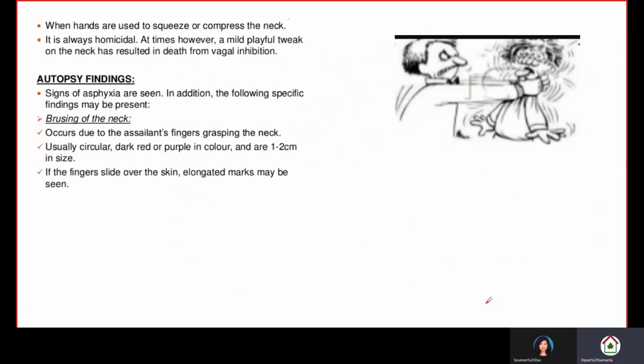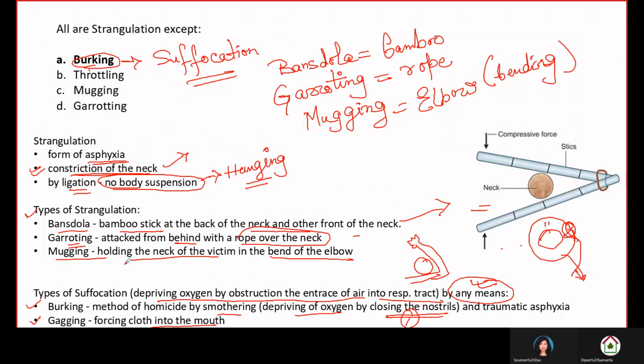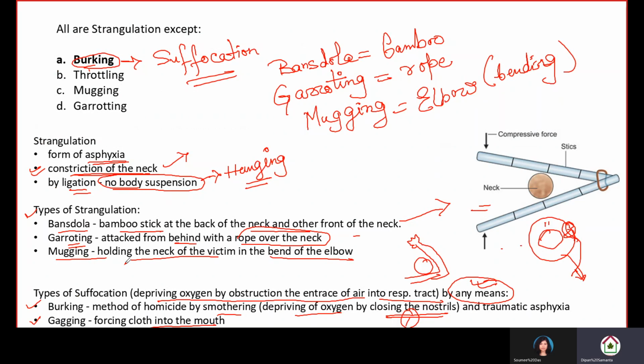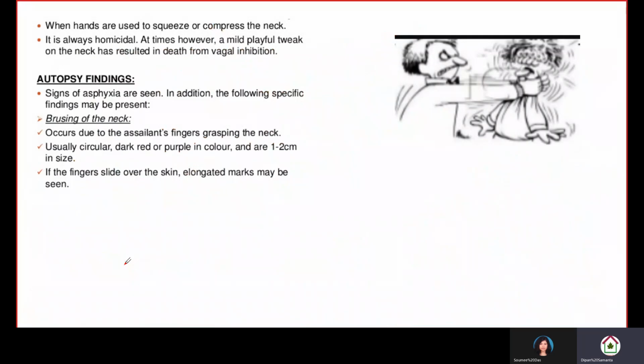Now when hands are used to squeeze or compress the neck, this is another form of barking, like hands are used to squeeze and compress the neck.